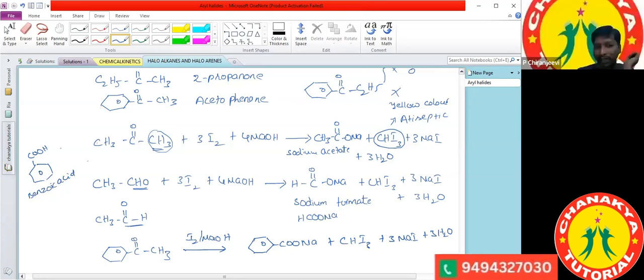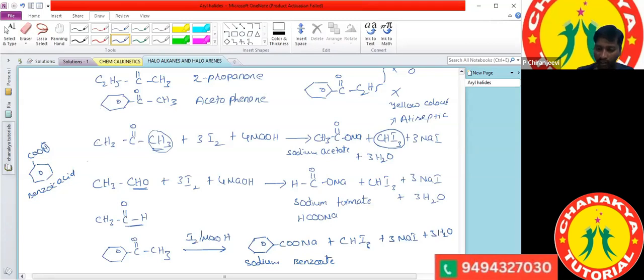This we call benzoic acid. In place of hydrogen, what do we place? Sodium. So we can write it as sodium benzoate. So the name of the product here is sodium benzoate. Now you got the clarity, all of you?